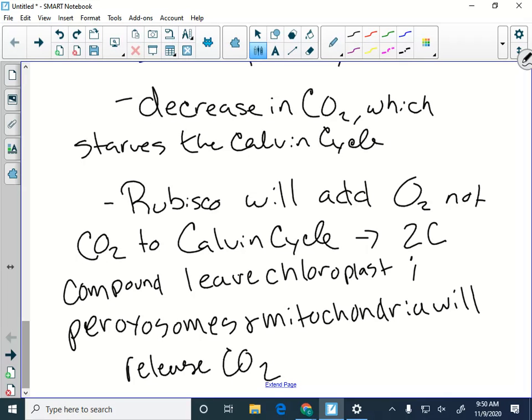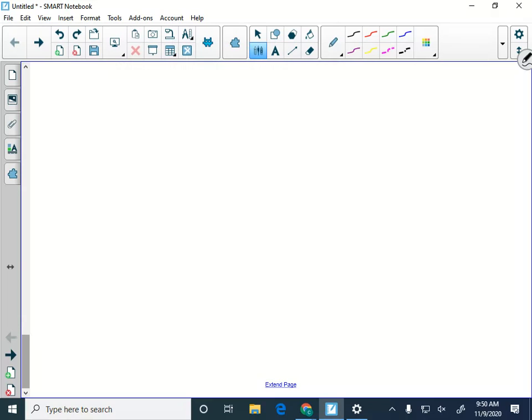Because remember, like I said, photorespiration uses light from the light reactions, will consume oxygen because it's going to add it to the Calvin cycle and release CO2, which is released by the mitochondria or the peroxisomes. This seems very, very counterintuitive. Why photorespiration?